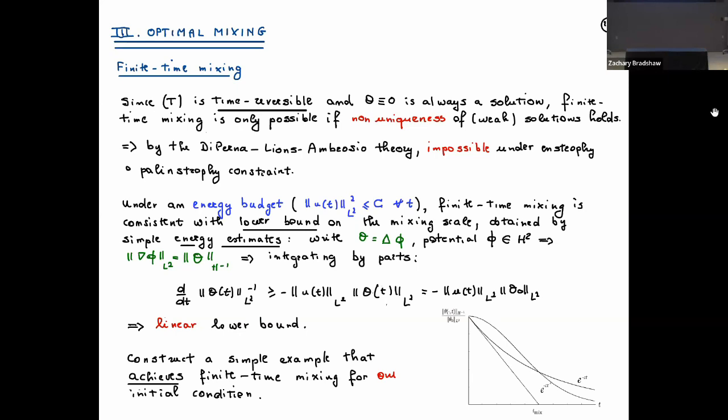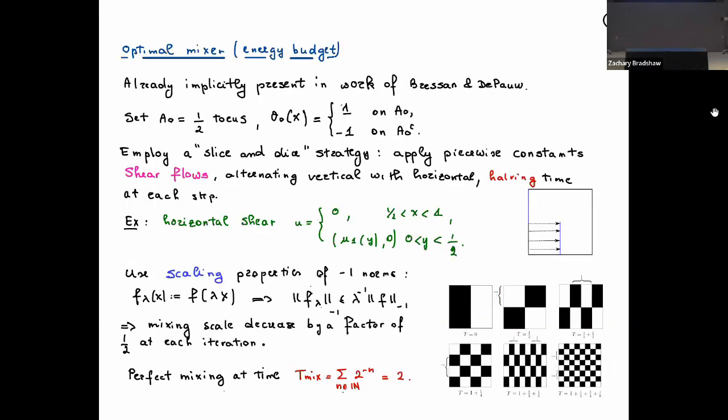The linear lower bound will turn out to be actually optimal. So I will construct a very simple example of a flow that achieves finite time mixing. This example is only for one initial condition, but nevertheless it is very instructive, and I will try to explain why.